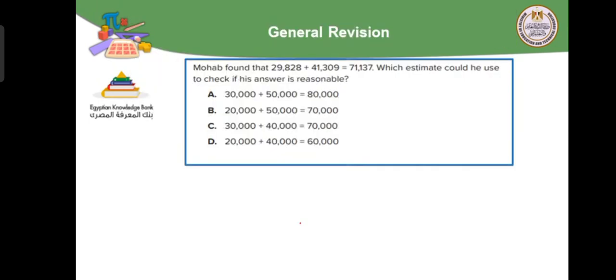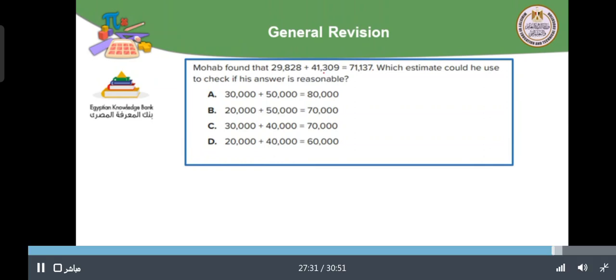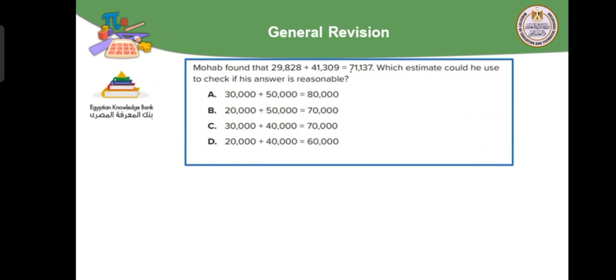You found that 29,000 plus something equals 71,137. Which estimate could he use to check if his answer is reasonable? Look here, 30,000 plus 50,000 equals 80,000. He asked about what? Estimate. So the easiest way is to make an estimation.